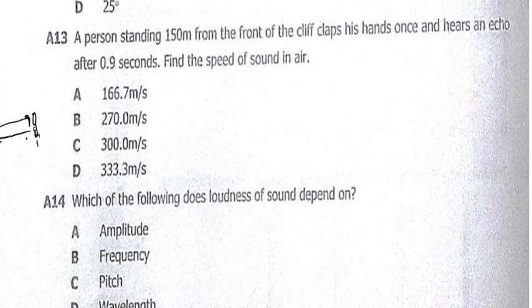Now the time it takes is 0.9 seconds. Going, the distance is 150 meters, and coming back again is 150 meters. So how do we find speed? Speed is equal to distance over time. In this case speed is equal to 2 times distance over time, because it is going and coming back.